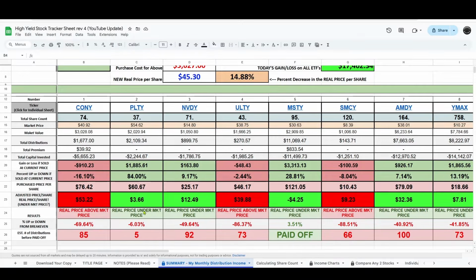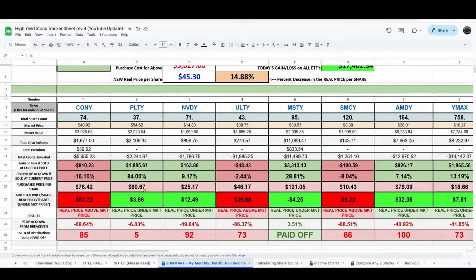By doing that, I am able to find out what that average is when I include those distributions. And since I am capturing those distributions, that does help to reduce that average price.